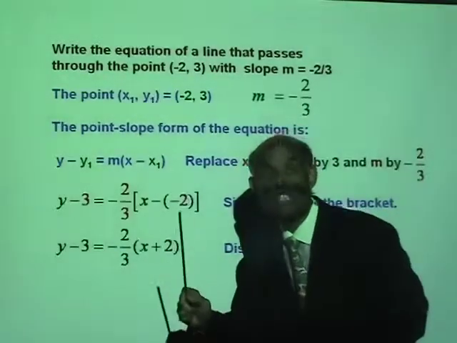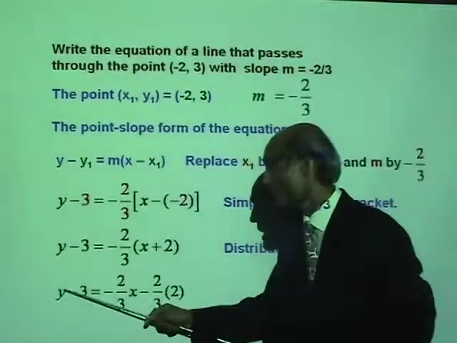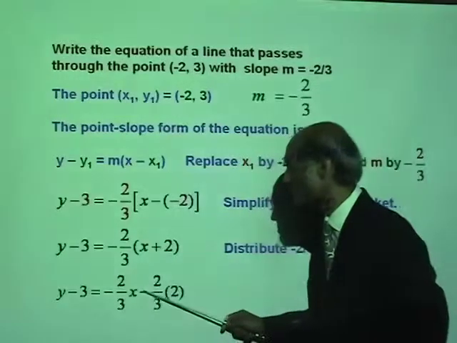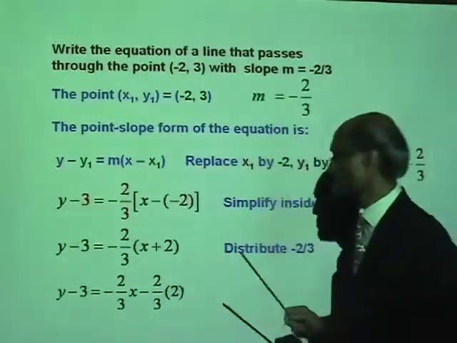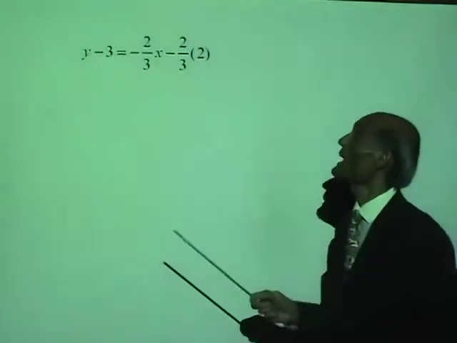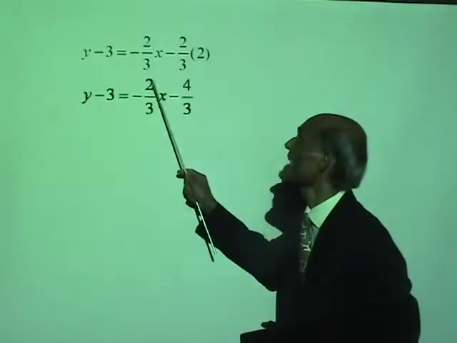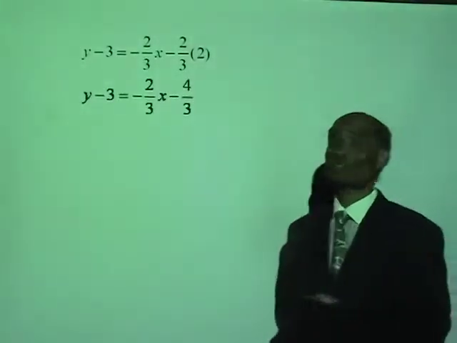That will be -4/3. So this will be y minus 3 equal to -2/3 x minus 4/3.